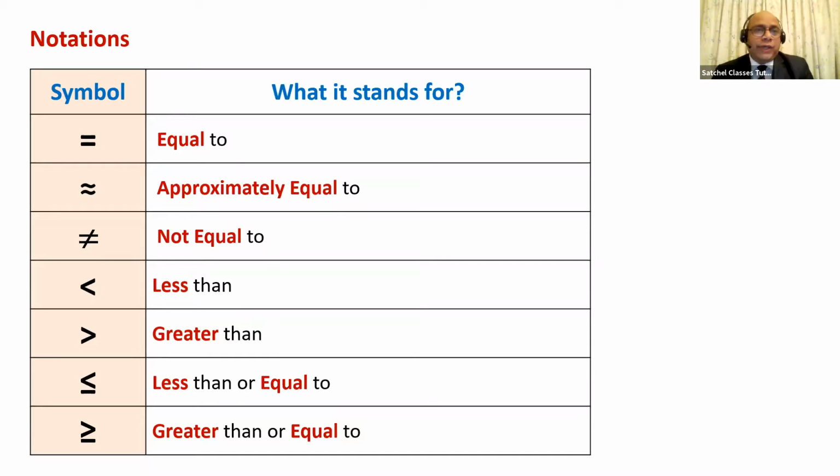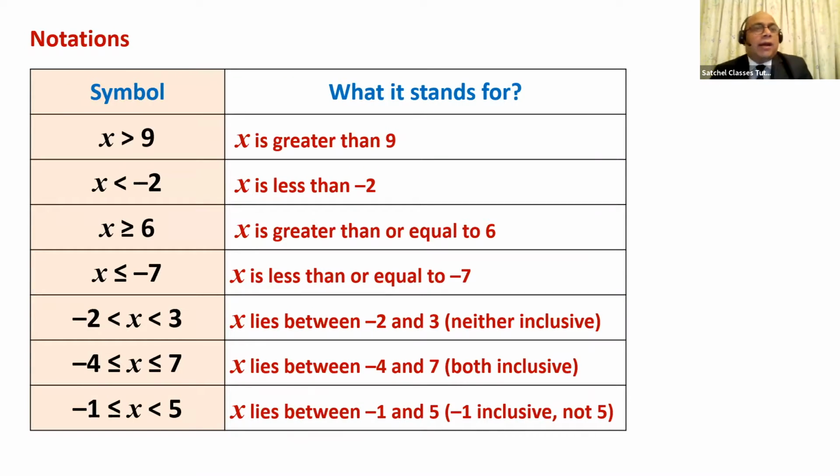So how would we say each of these? The first row is x greater than 9. The second one is x less than -2. We are aware of that, right? The third row suggests x is greater than or equal to 6 because of that little line below that greater than symbol.